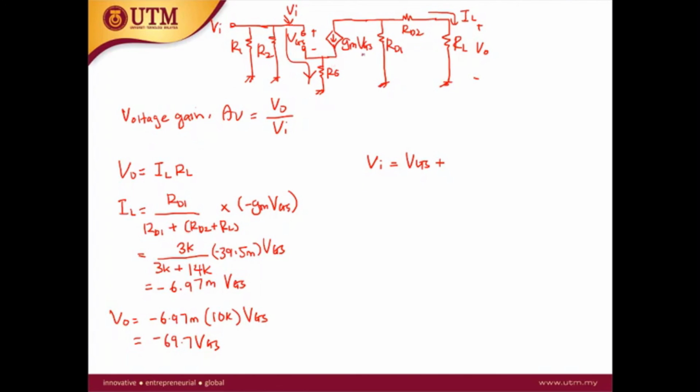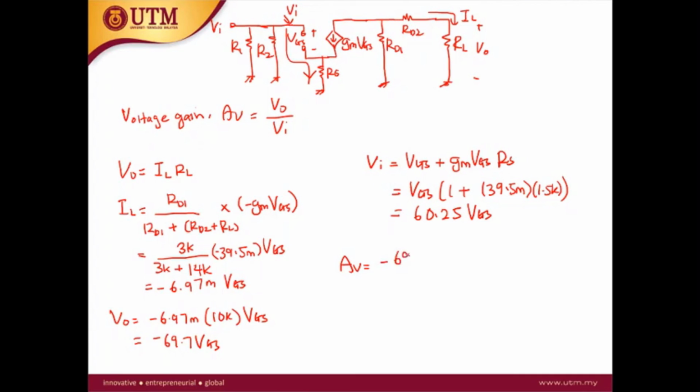The current at the RS is GM VGS, so this is GM VGS RS. So this is VGS times (1 plus GM RS), where GM is 39.5 milli and RS is 1.5K. This will give you 60.25 VGS.